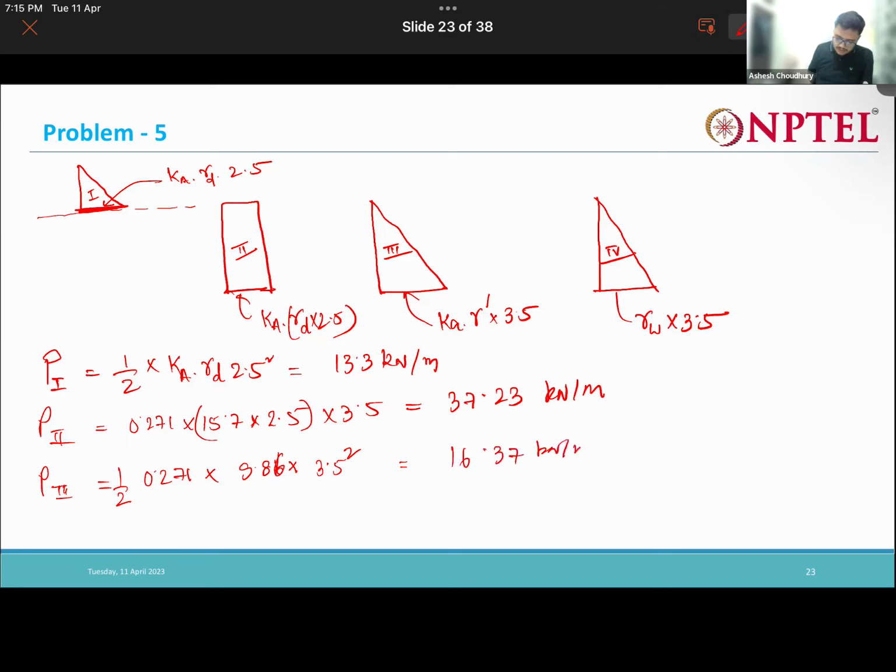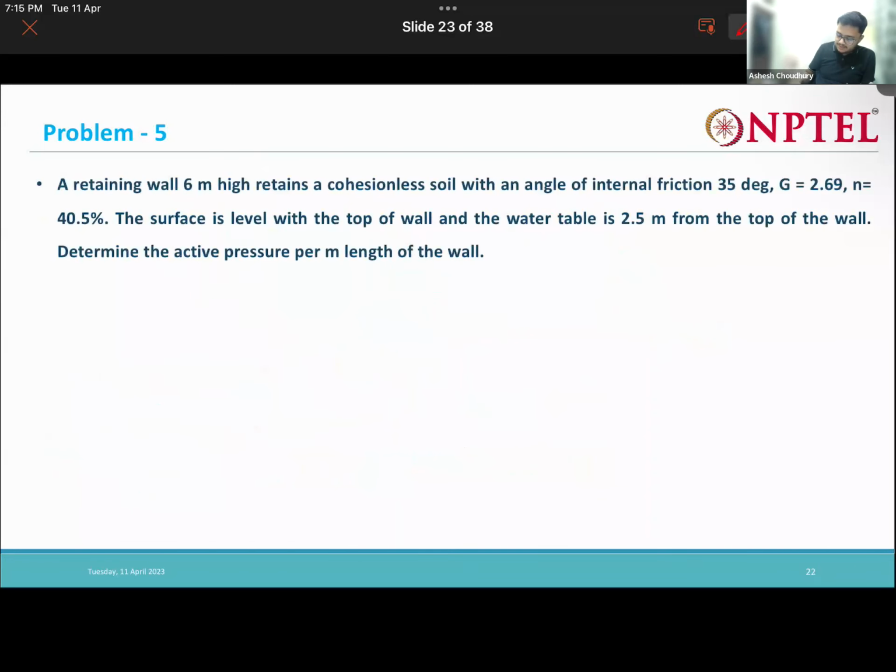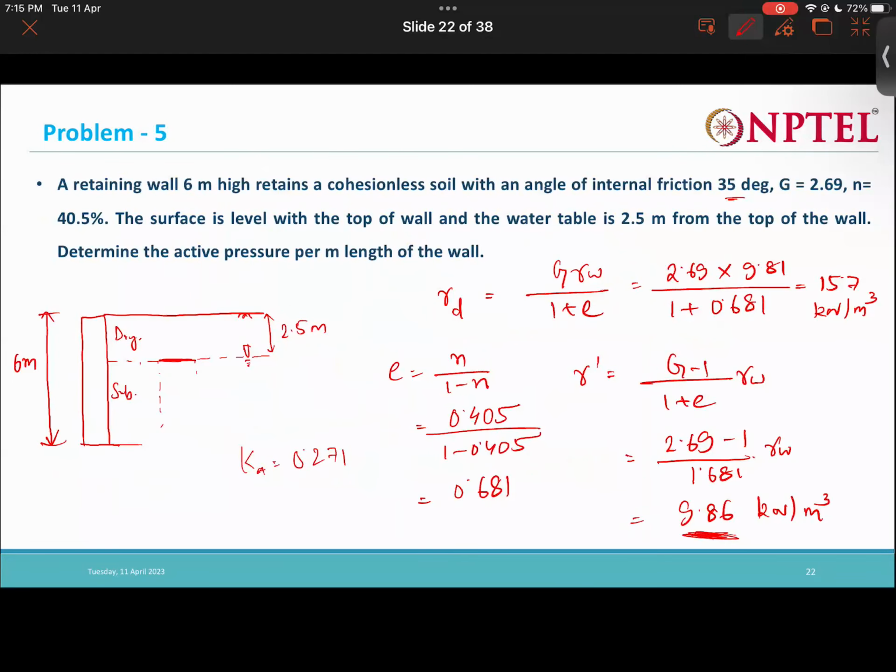Please check the area of this triangle, this is 3.5. And that shall be 9.81, right? Gamma submerged we got as 9.86, that value.